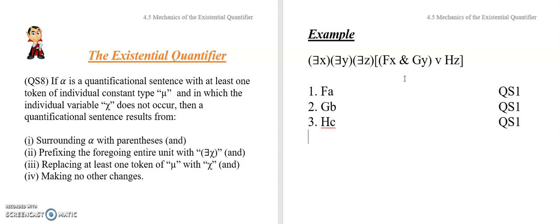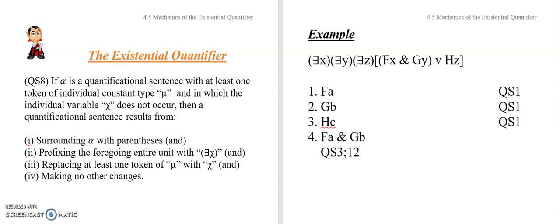Now we have to build them up in different ways. So the first thing I'm going to try to do, right, is build this expression right here. So I'm going to do the AND first. So that's going to get me FA and GB, and that's QS, what is that, QS3 on lines, what, 1 and 2, okay.